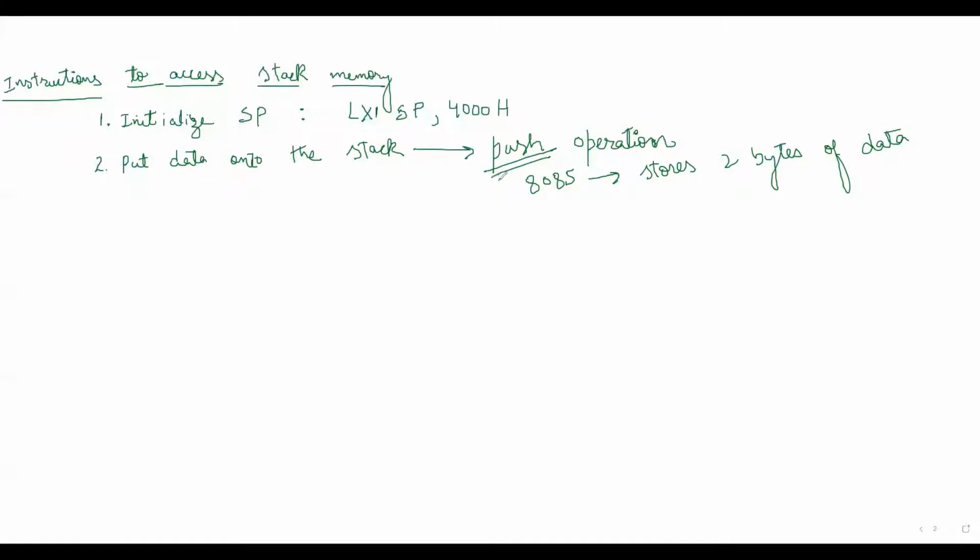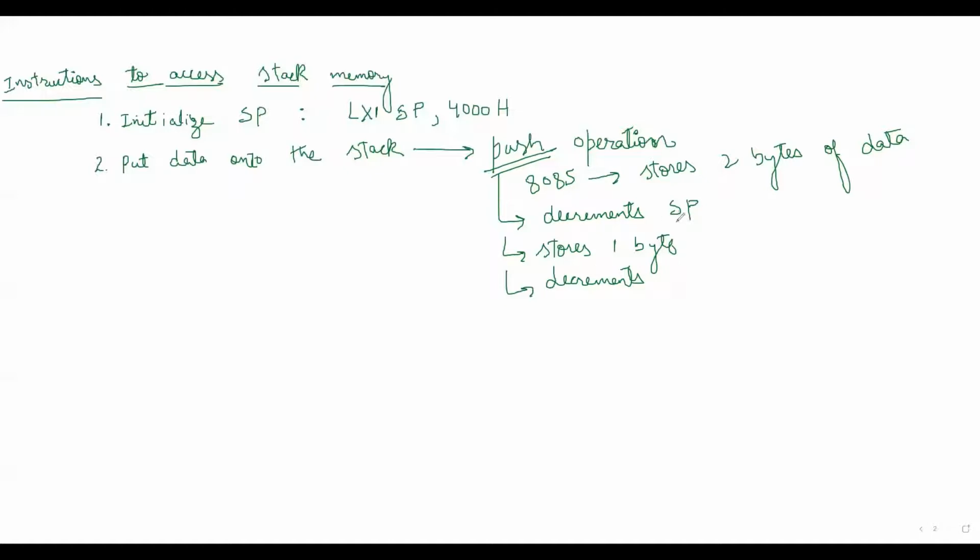So how does it do this? The push operation first decrements the stack pointer and stores 1 byte. We know that at one memory location we can only store 1 byte.